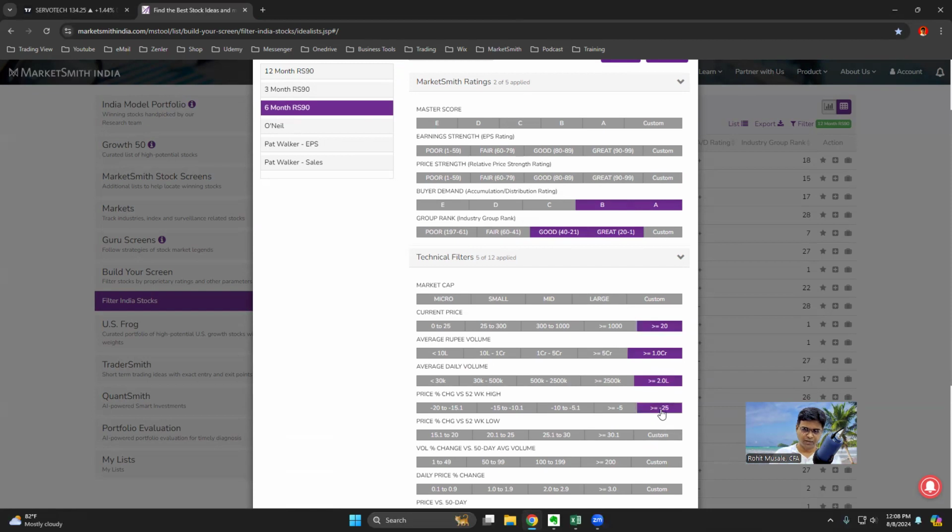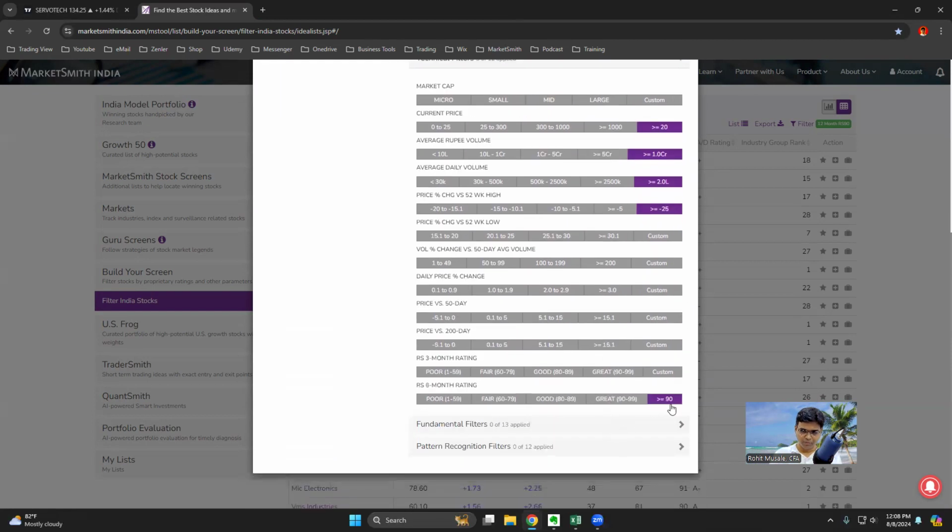And then you are looking at strength, stocks near their 52-week high. But what's important is the relative strength 6-month rating. So here what I am doing is I am comparing the 6-month performance of a stock with all the other stocks in the Indian stock market.